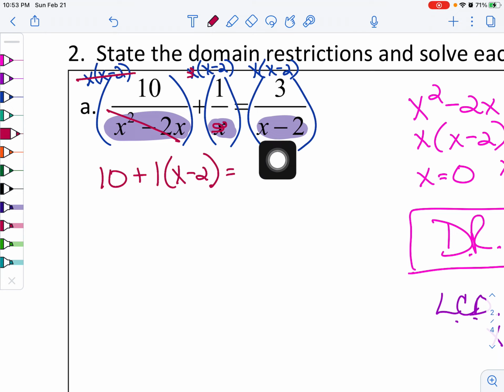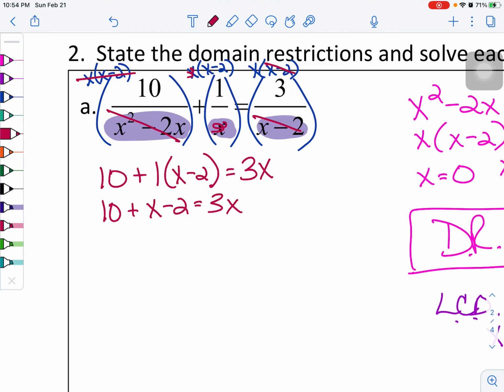There's an equal sign here. So equals. Now I'm going to do the same thing here. Let's take this denominator and cancel it out of the LCD. But what's left is that x. So this would equal 3x. Now the nice part, if you've done the LCD correctly, is there's no more denominator. So that's always a good thing. Let's go ahead and solve this thing.